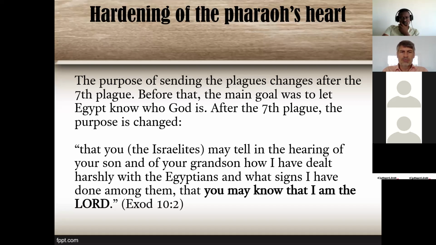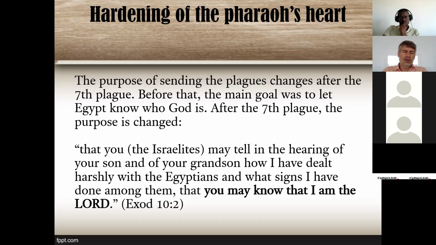Also after the seventh plague, Pharaoh confesses his sin. When Moses and Aaron came, he says, forgive me, I committed a sin. So it looks like Pharaoh admitted his guilt and acknowledged that he is a sinner.